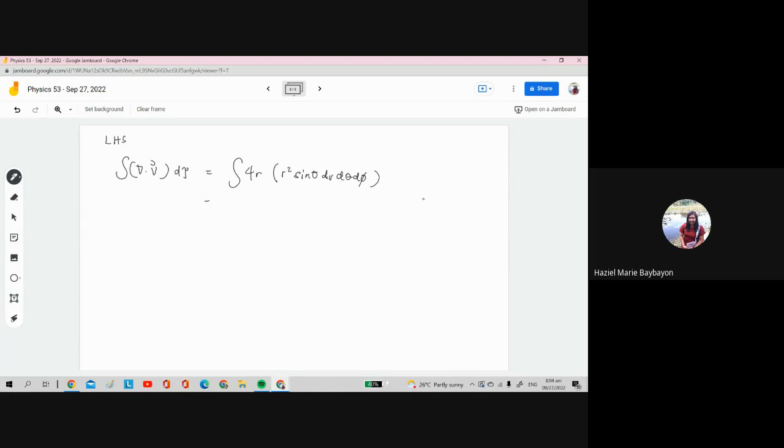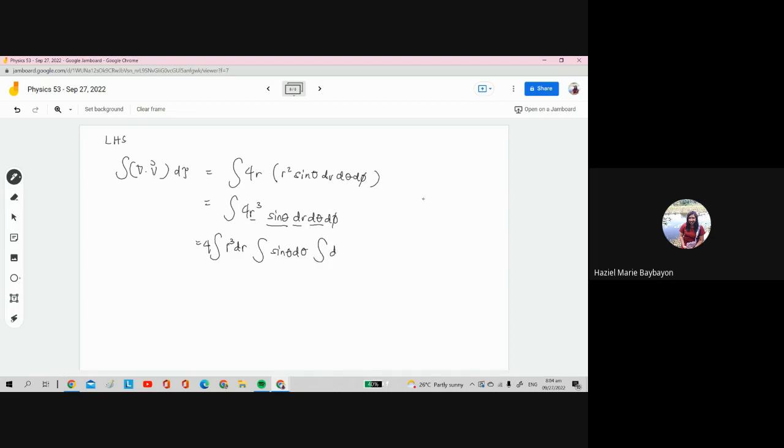Okay, so we have here the integral of 4r cubed sine theta dr d theta d phi. This is actually a triple integral because we are integrating with respect to some volume. So you have 4, because it is a constant, times the integral of r cubed dr, the integral of sine theta d theta, and then d phi.